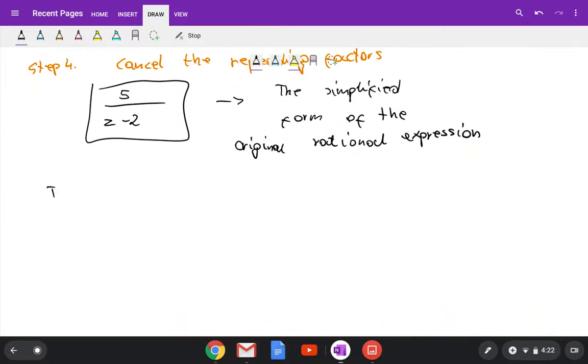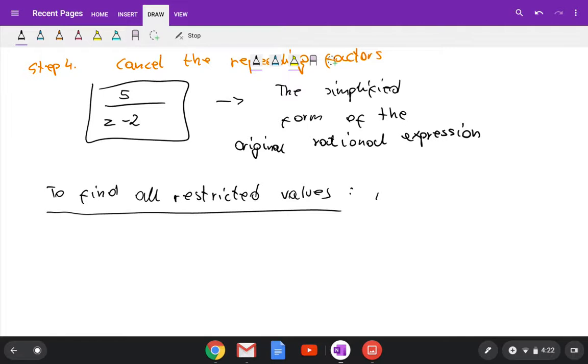Now next, to find all restricted values, I want you to pay attention to that. Always work with the original rational expression.